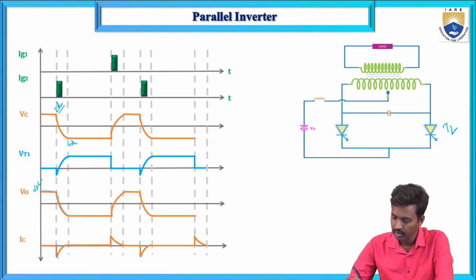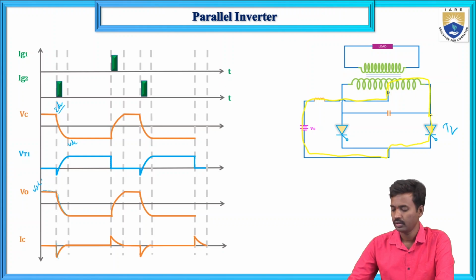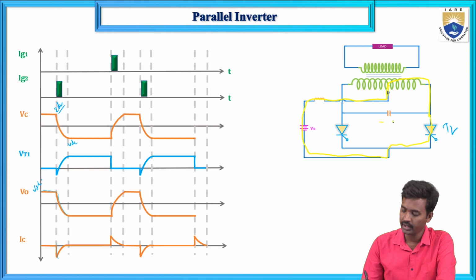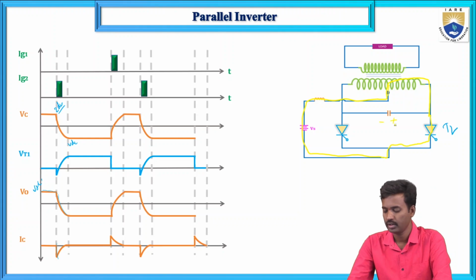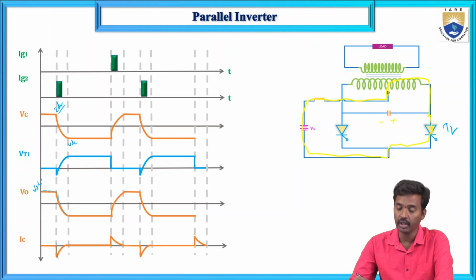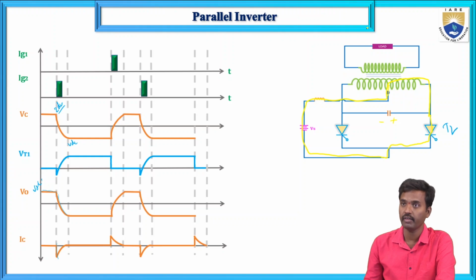T2 will be turned on means here this is a minus and this one is a plus. In this case T1 will be turned off. So that case I will explain.